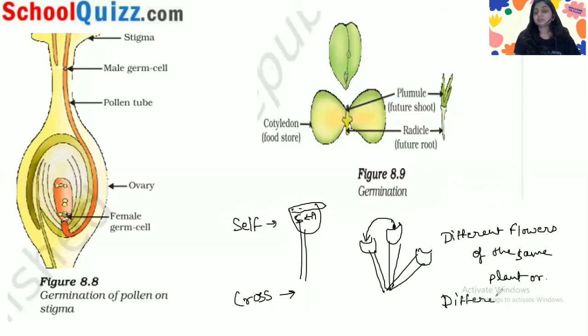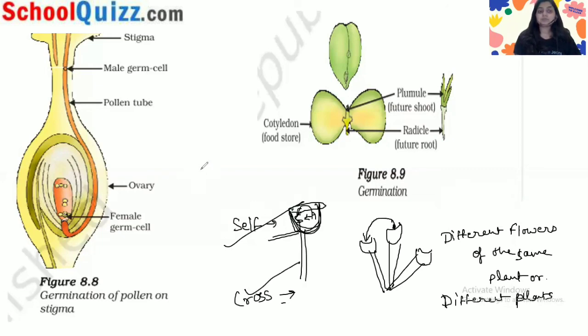So this is cross pollination. Self pollination simply means a single flower in which the stigma and anther are both present and the pollen grains are transferred to the stigma. And cross pollination means the pollen grains are transferred from the anther to the stigma of a different flower or a different plant.